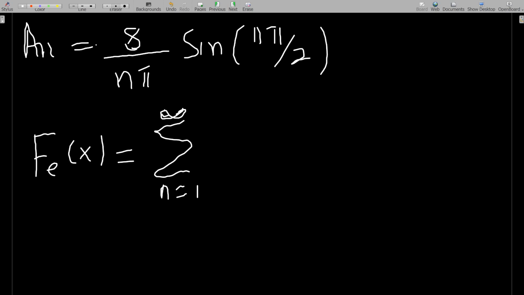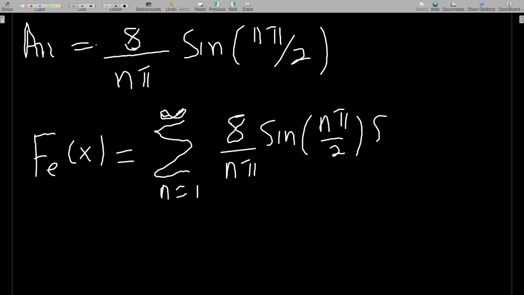Then an is also what? 8 over n pi sine of n pi over 2, then cosine of n pi over 2 x. Sorry, it's a cosine actually, I'm really sorry for this. Okay, so that is it for your Fourier cosine series for this half range function.